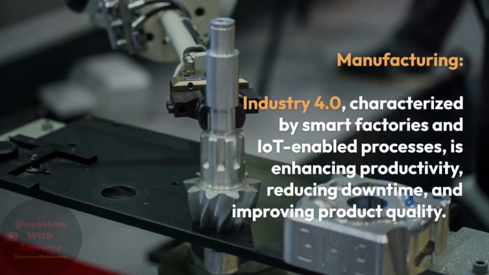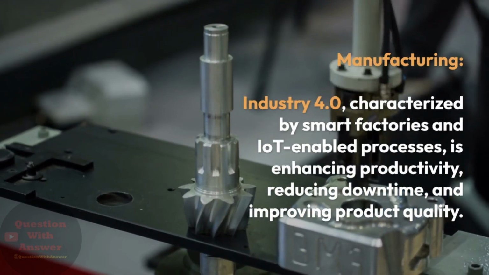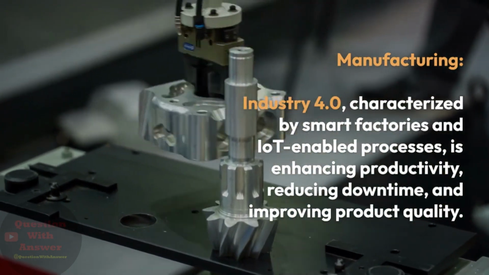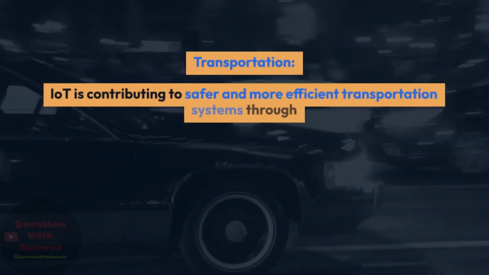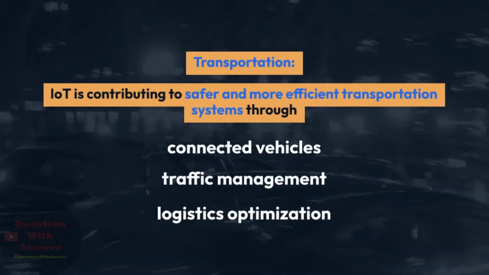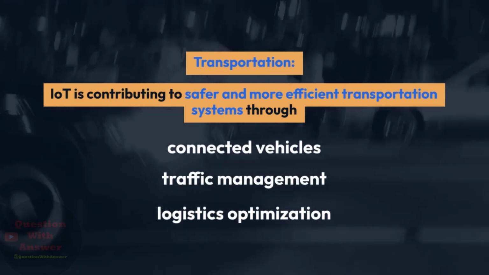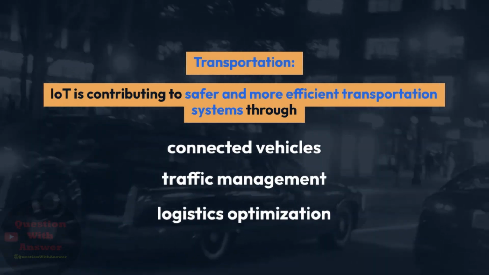Manufacturing. Industry 4.0, characterized by smart factories and IoT-enabled processes, is enhancing productivity, reducing downtime, and improving product quality. Transportation. IoT is contributing to safer and more efficient transportation systems through connected vehicles, traffic management, and logistics optimization.